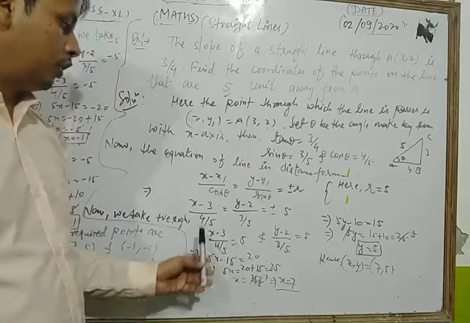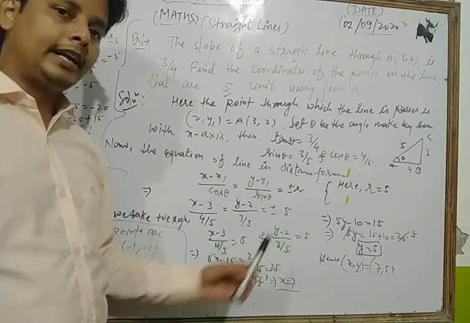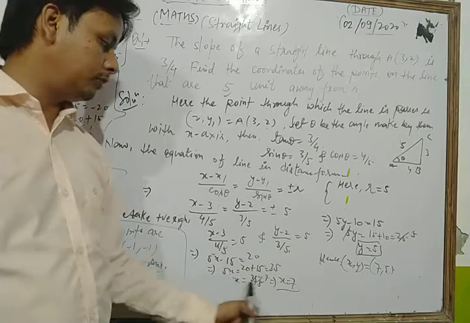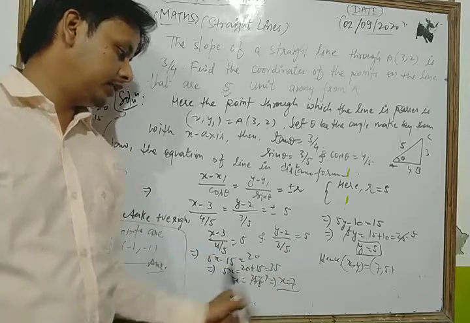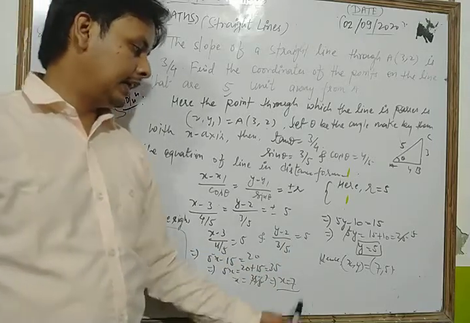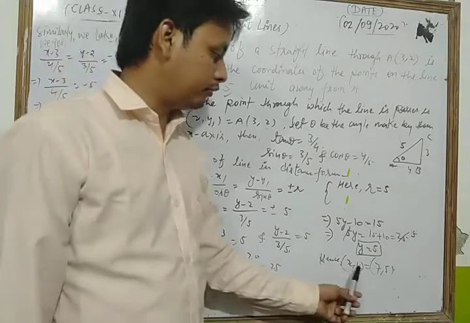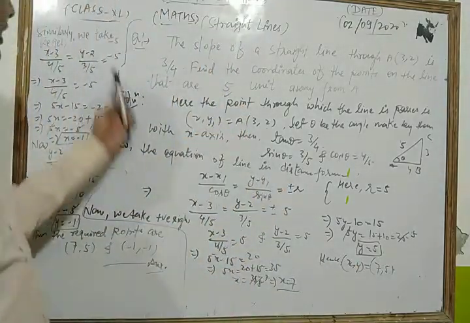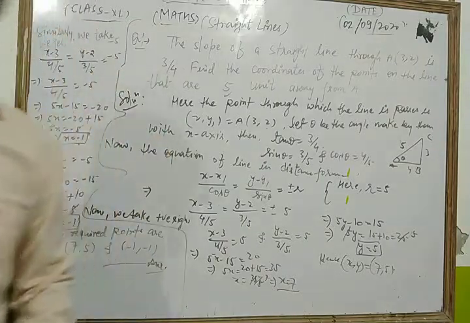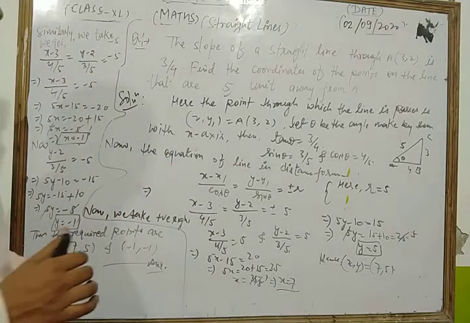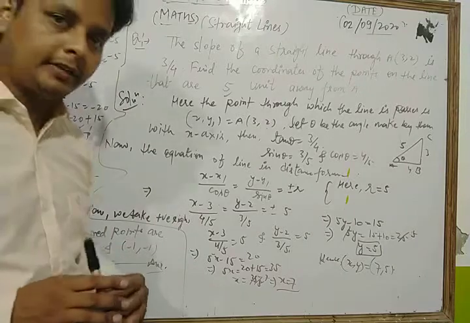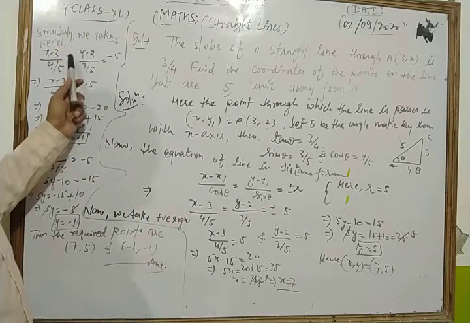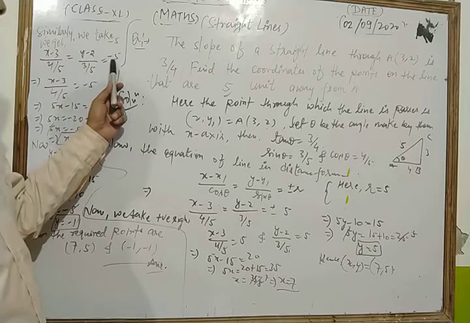Now we take plus 5 and we take minus 5. If we take plus 5 and then we solve that equation, we get the value of x as 7 and the value of y as 5. Similarly, if we take the negative sign, then we find (x minus 3) upon 4 by 5 is equal to (y minus 2) upon 3 by 5 is equal to minus 5.